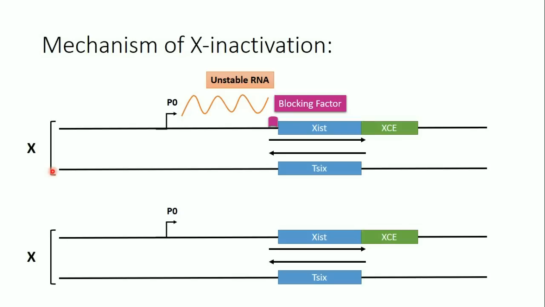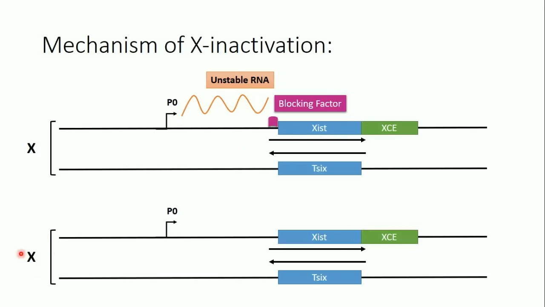If the female has 4 X's, then 3 X's will be inactivated and 1 X will be active, and so on. So the blocking factor is always sufficient to block only one X, and this X is going to be active because the XIST is blocked.